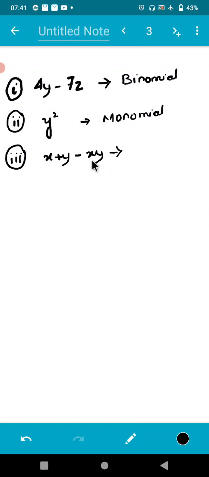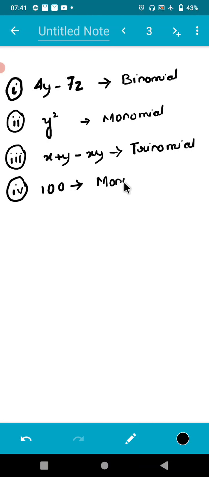So they are all different from each other. As this expression has three terms, we write trinomial. Now sum number 4, what do we have? Only 100. So only one term. It would be monomial.